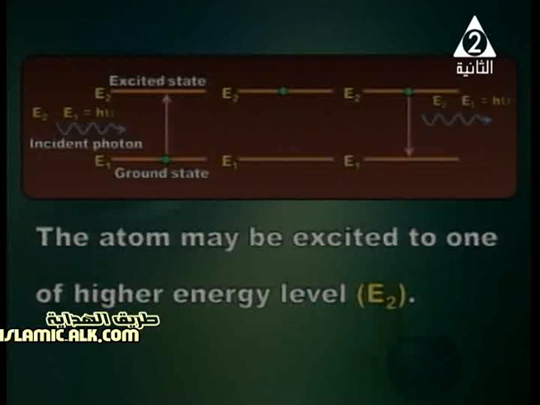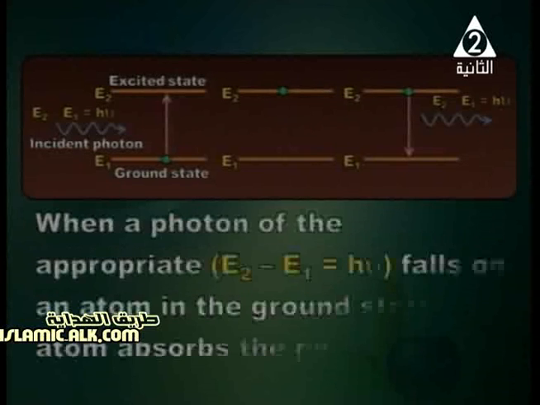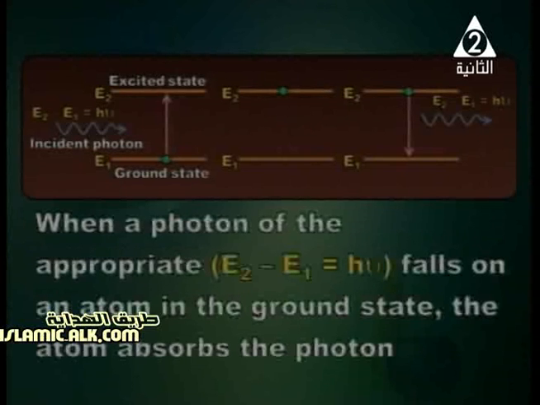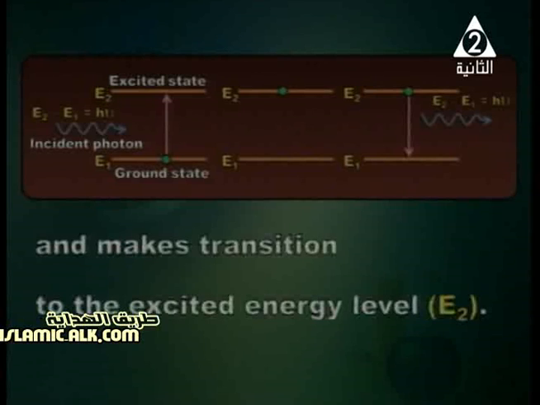Let it be E2. When a photon of the appropriate amount of energy, exactly equal to the difference between E2 and E1, falls on an atom in the ground state, the atom absorbs the photon and makes a transition to the excited energy level E2.